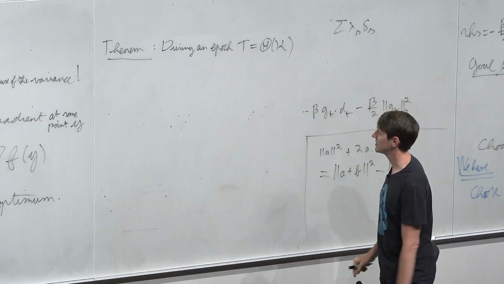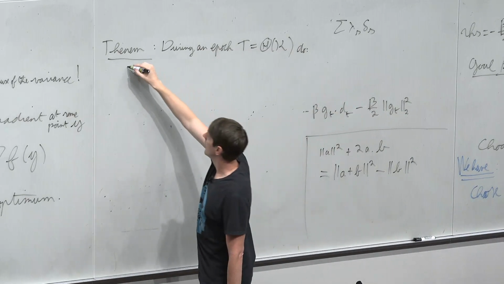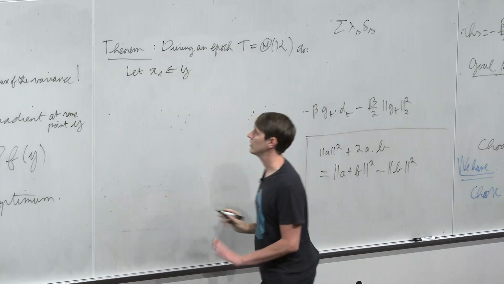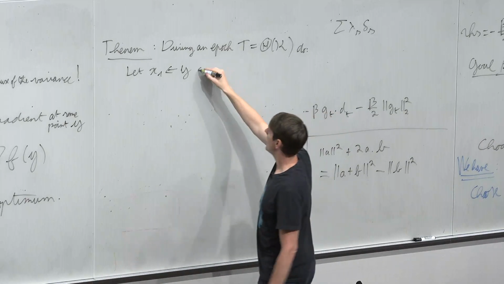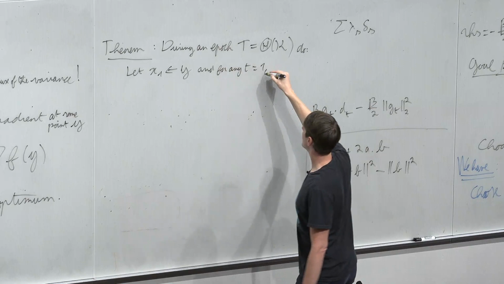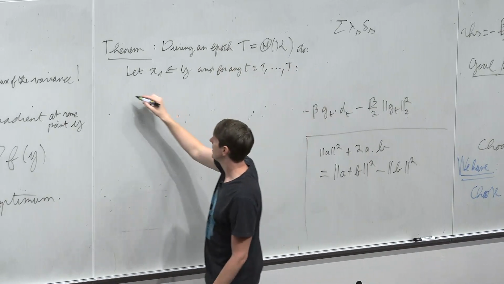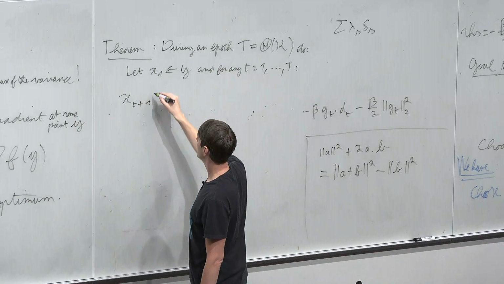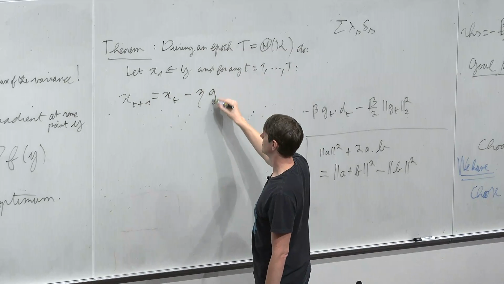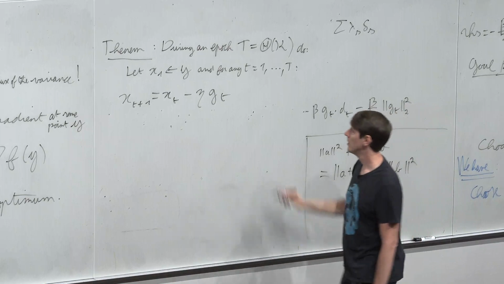Okay, so during an epoch of that length, do the following. Let x1 be y, and I will have to explain what is y. For any little t from 1 up to capital T, I'm just going to run my stochastic gradient descent like this: x_{t+1} is x_t minus eta g_t.